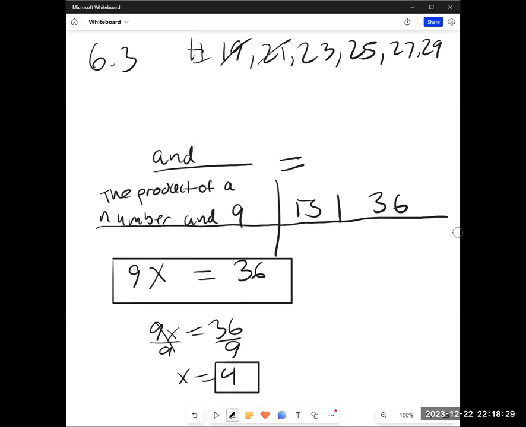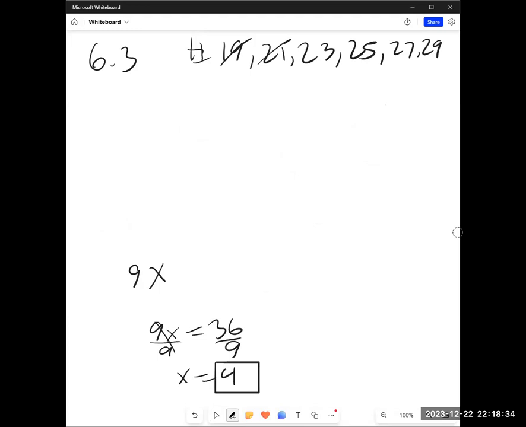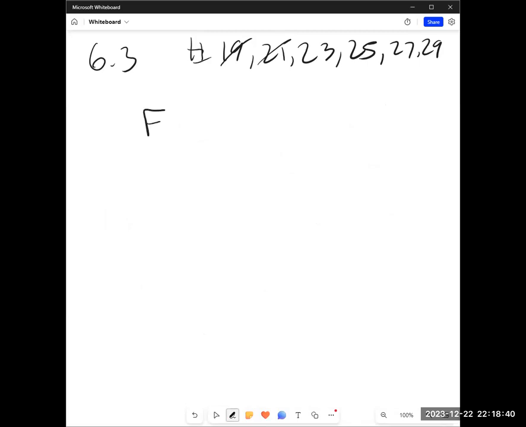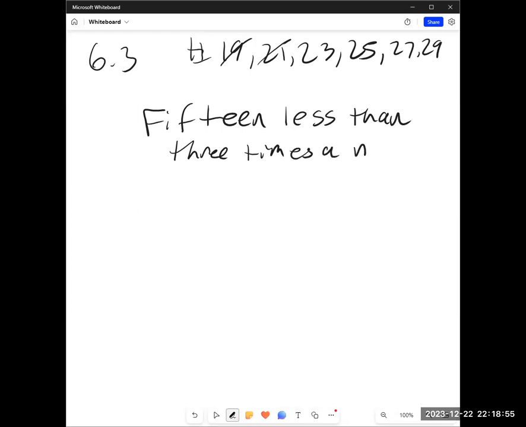All right, I won't diagram any more sentences. I think you get the idea. I'll just go ahead and start translating them straight into algebra and solving. So 15 less than 3 times a number is 21.